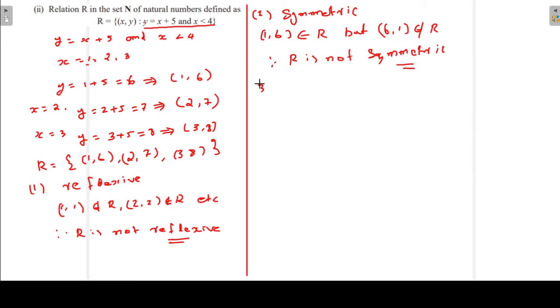Next, third, you check whether R is transitive or not.